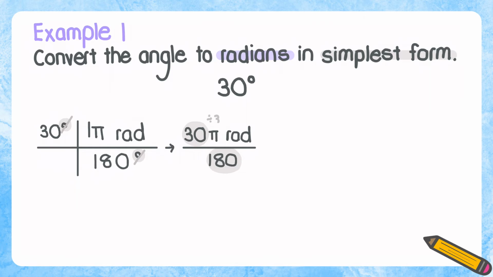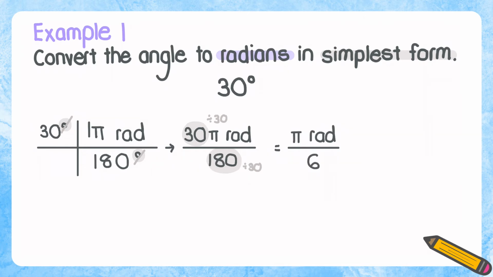The GCF is actually 30, so we're going to divide both the numerator and denominator by 30. We're left with 1 pi, or just pi radians, over 180 divided by 30, which equals 6.